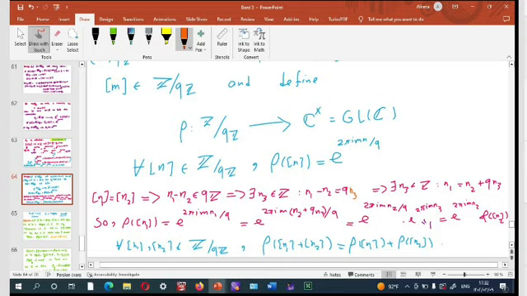So rho of n1, by this function rho, equals e to the power of 2 pi m n1 divided by q. So this is equal to e to the power of 2 pi m (n2 plus q n3) divided by q, because n1 equals this.